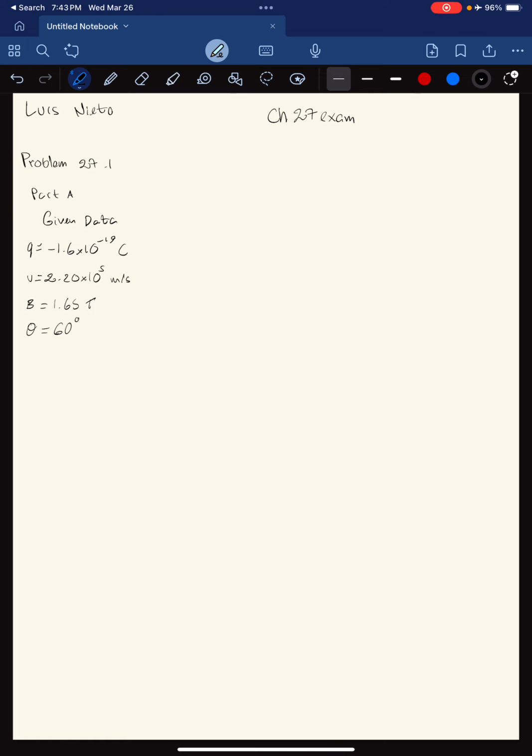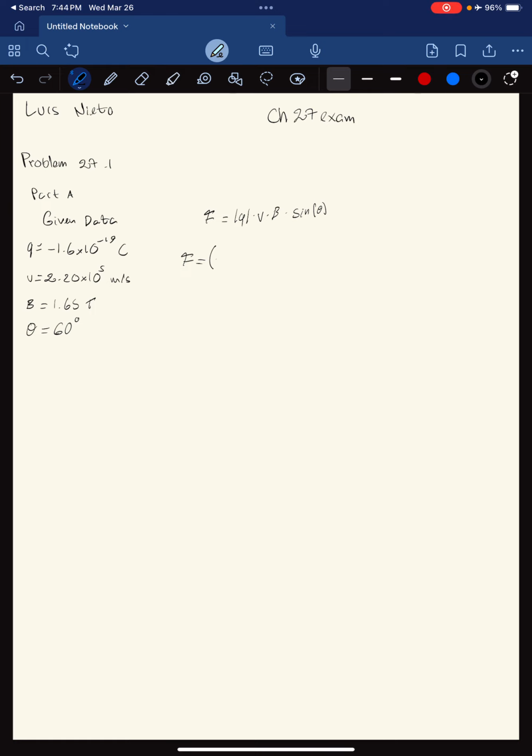Perfect. So the formula that we're going to use, the formula for the magnetic force, is F equal to the absolute charge multiplied by velocity, multiplied by magnetic field, multiplied by the sine of the angle. Let's do the formula now.